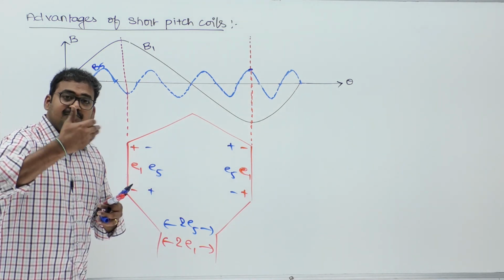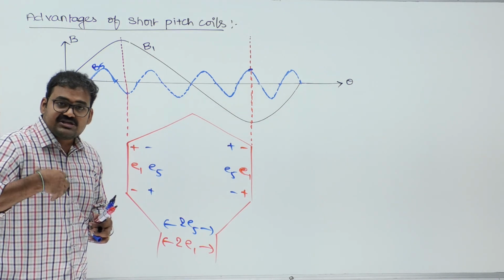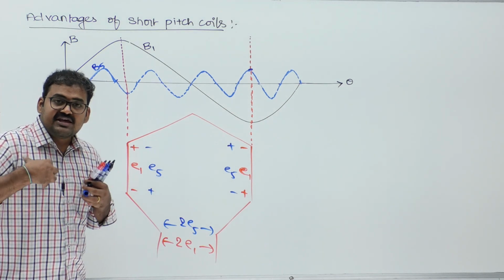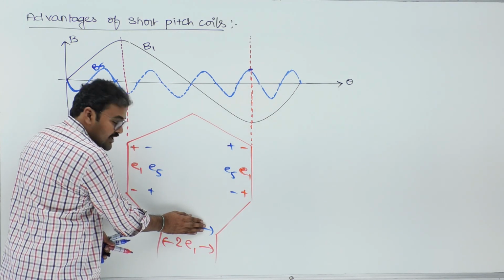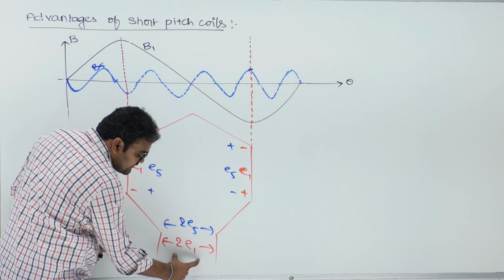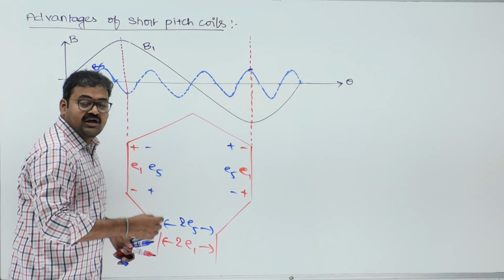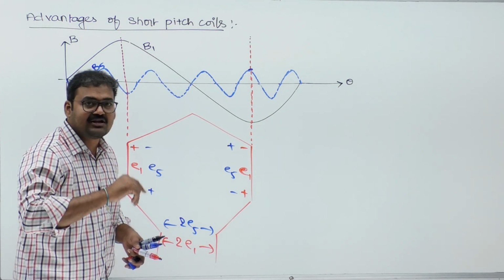Now, to overcome this disadvantage, I wanted to use a short pitch coil. Using a short pitch coil, my aim is that the fifth harmonic voltage must be equal to 0. If the fifth harmonic voltage is equal to 0, then what is the only voltage available? Fundamental voltage only. Only fundamental voltage is available means the resultant voltage becomes sinusoidal in nature.